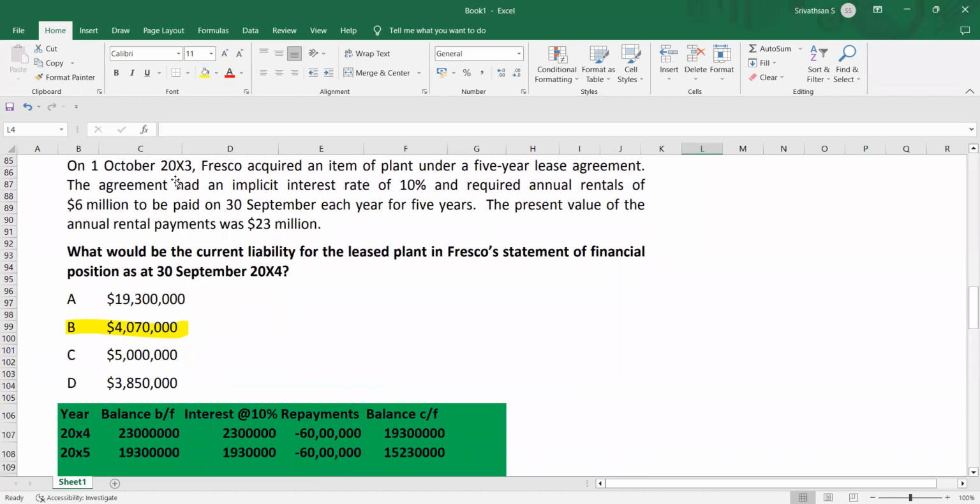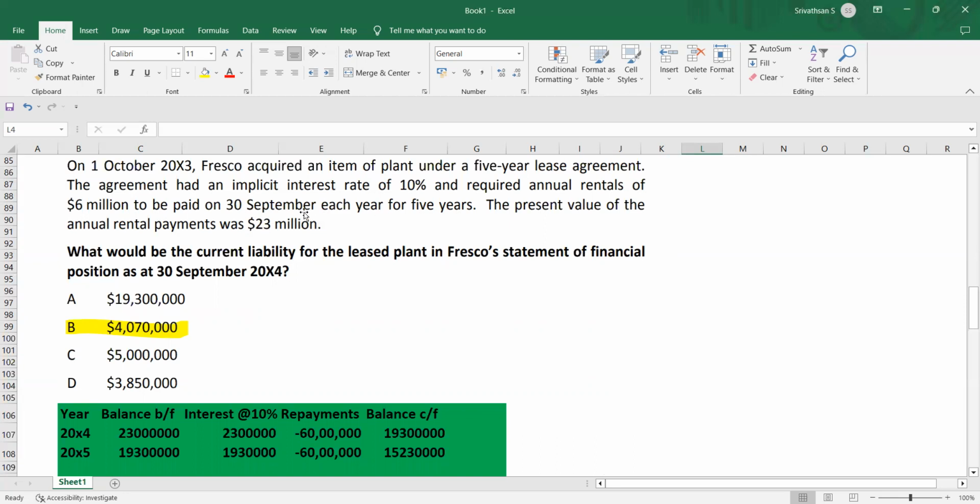On 1st October 2013, Fresco acquired an item of plant under a 5-year lease agreement. So the lease term is 5 years. The agreement had an implicit rate of 10%, and the required annual rentals of 6 million are to be paid on 30th September each year for 5 years. So we have to make a payment of 6 million at the end of each year.